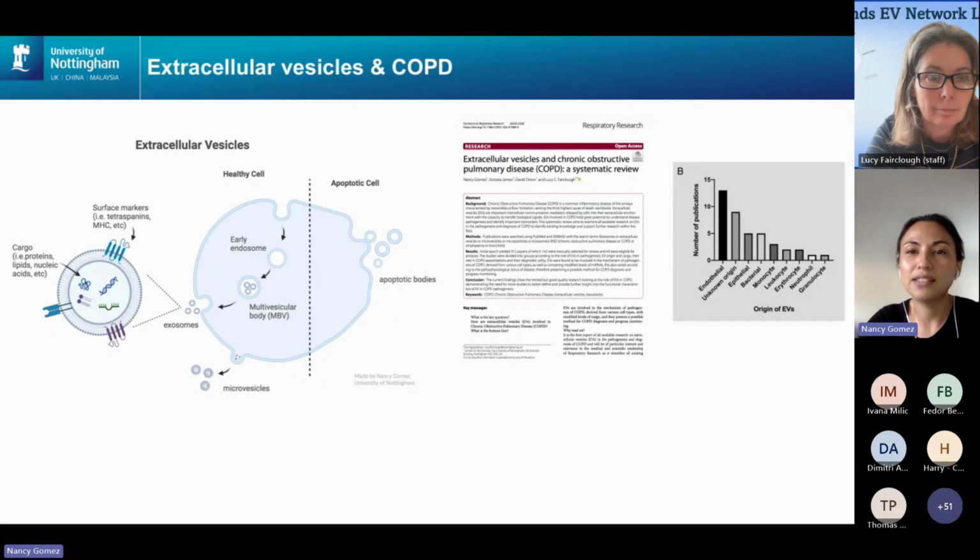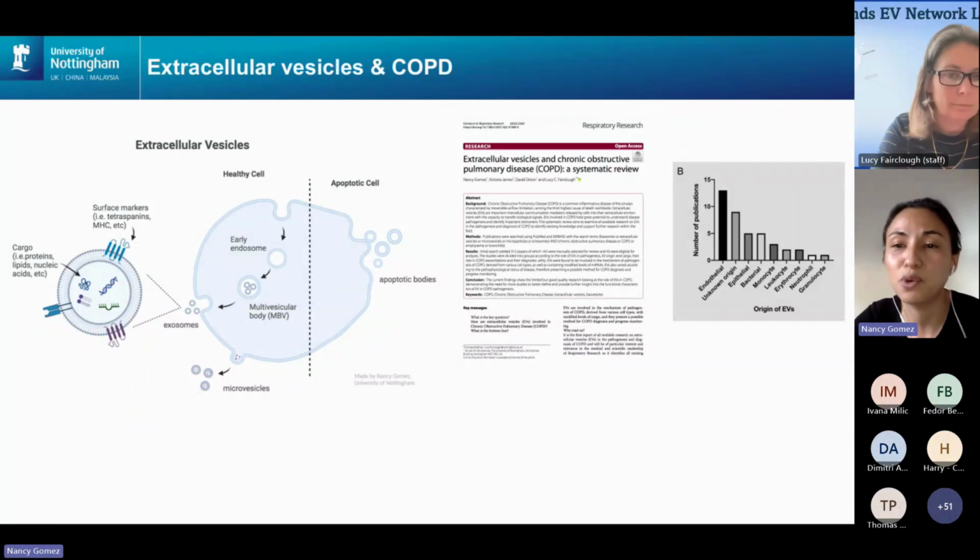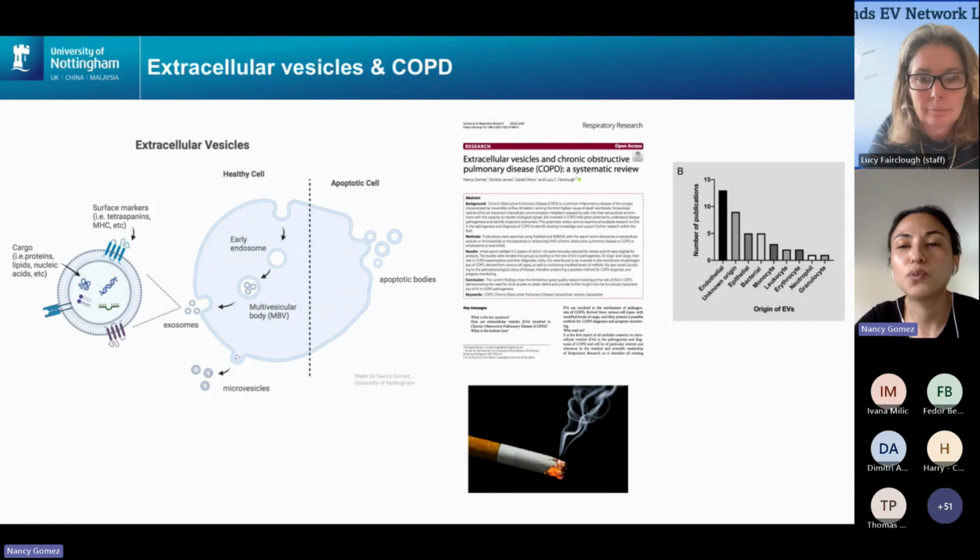When I did the systematic review, one of the things that we noticed was that not a lot of studies looked at EVs derived from cells of the immune system and mainly focused on endothelial or epithelial cells or circulating EVs, which didn't classify where they came from. And one of the things that we know about COPD is that cigarette smoking is a risk factor. So my PhD started to look at what is the effect of cigarette smoke on the immune system and how they're producing these EVs.